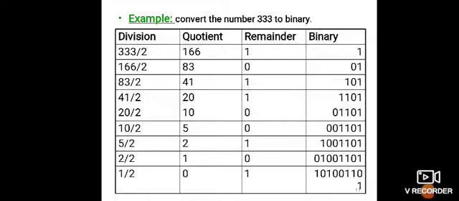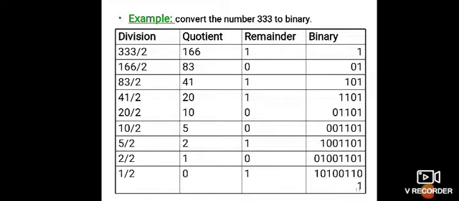Then the quotient is divided by 2, and this process will be continued till we get a 0 in the quotient column. So 166 divided by 2, we get the new quotient 83, and the remainder will be 0, because 166 is completely divisible by 2.